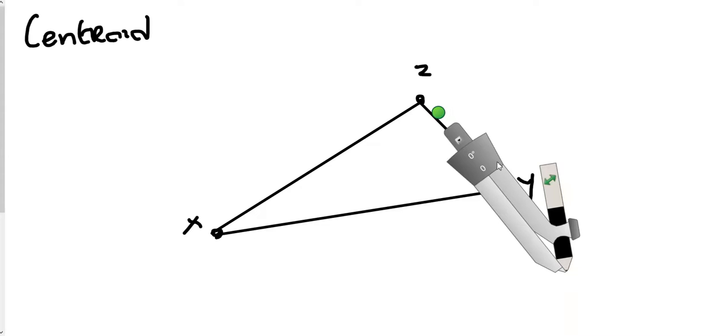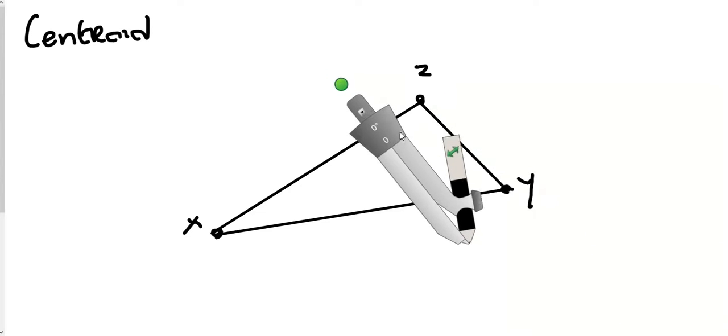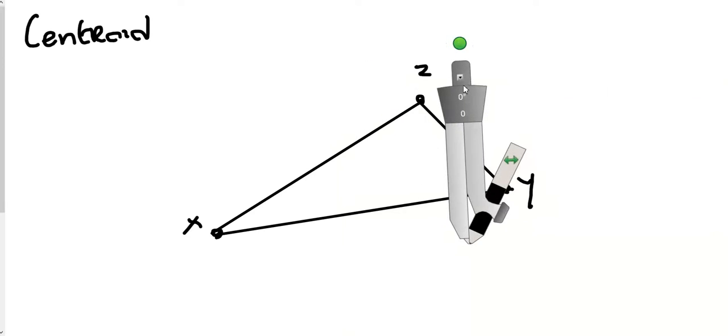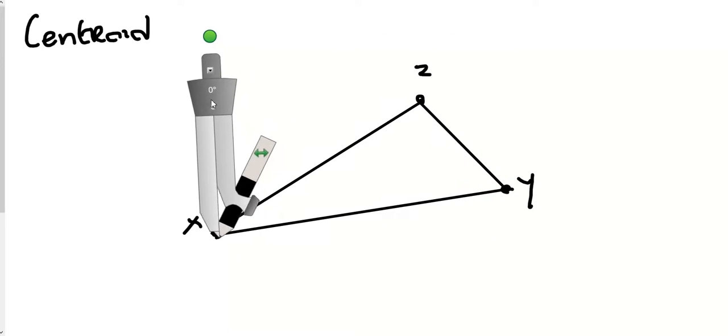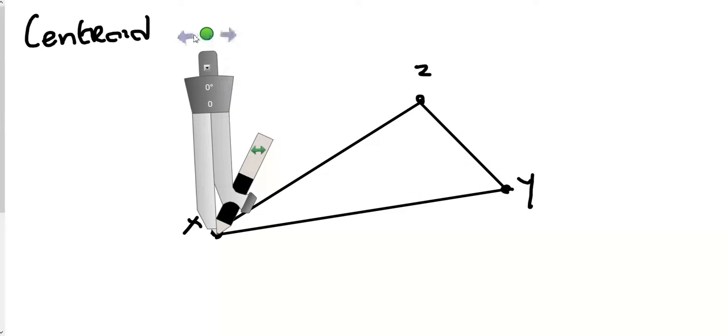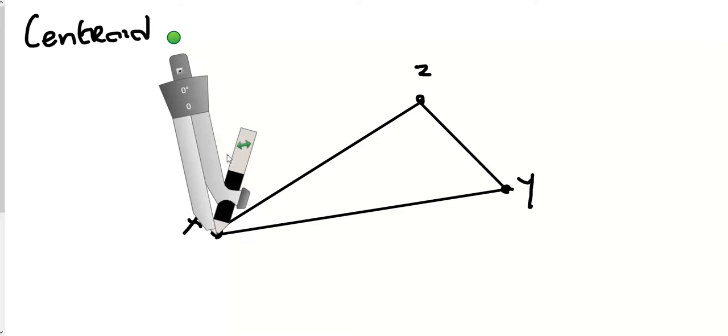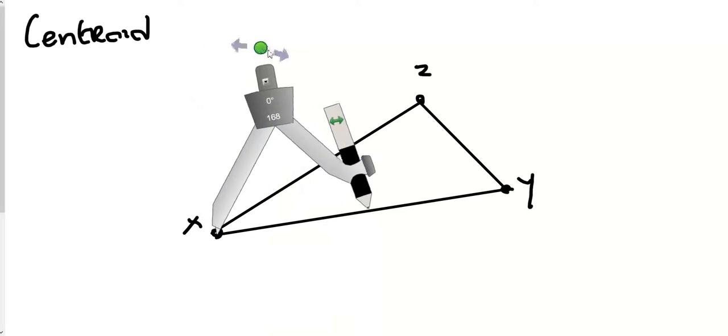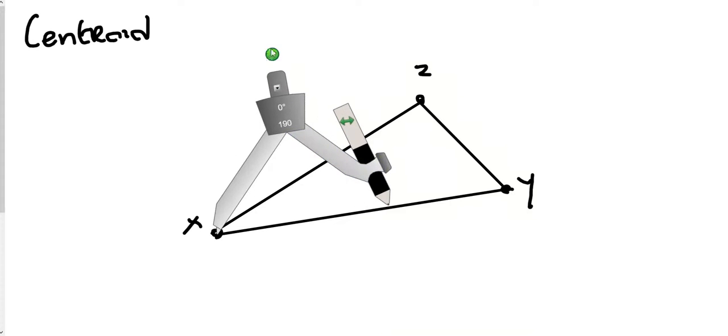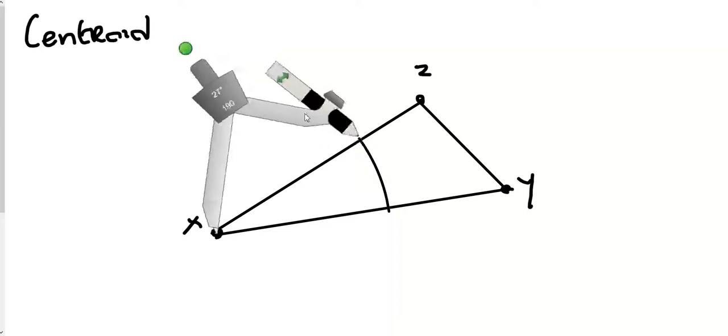All right, gents. Now, lads, so let's do a perpendicular bisector. There we go. Okay, just slightly over halfway. And let's do this.